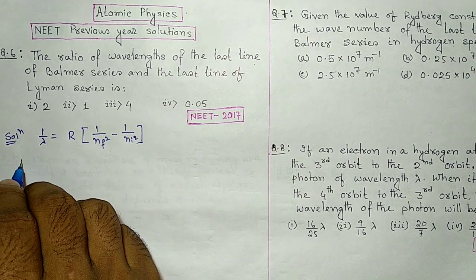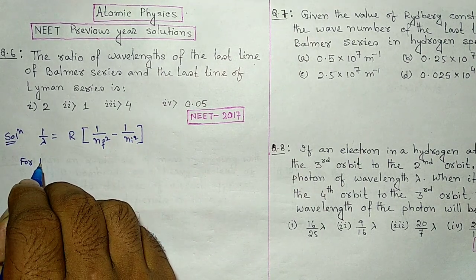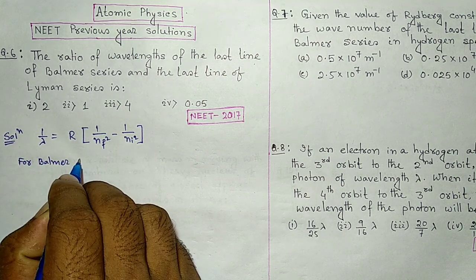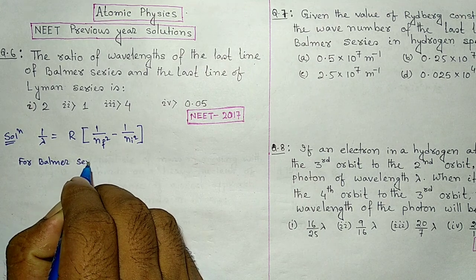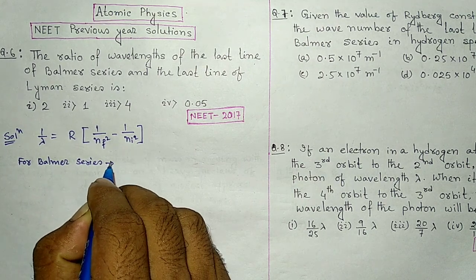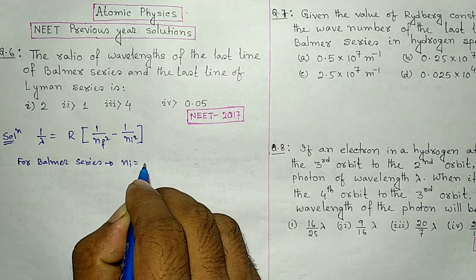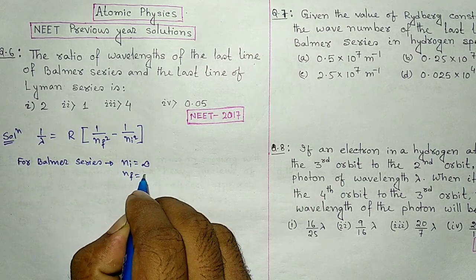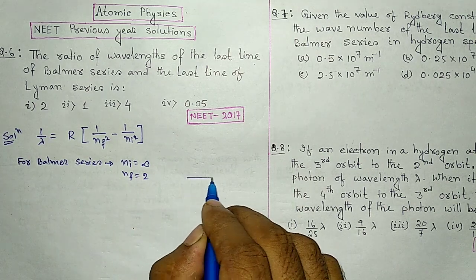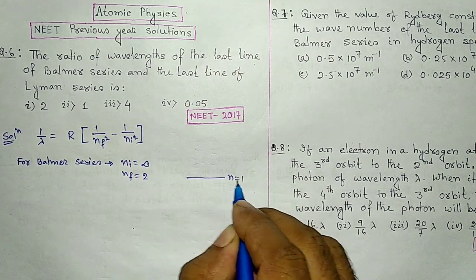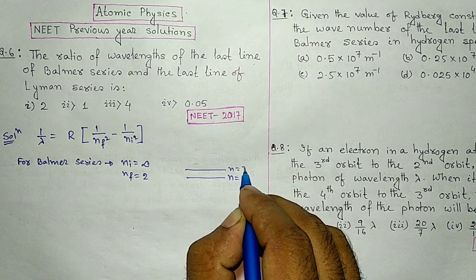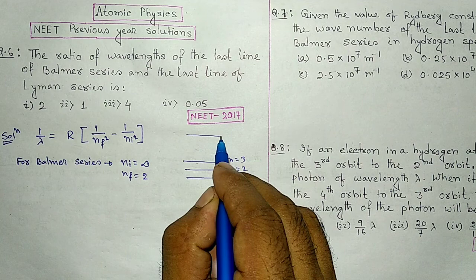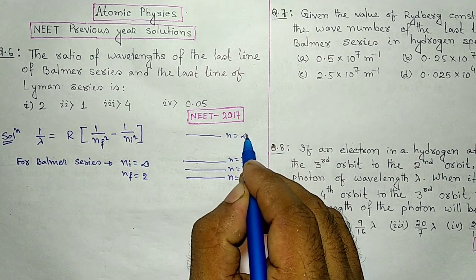For Balmer series, we know Ni is equals to infinity and Nf is equals to 2. Here is the spectrum. n is equals to 1, n is equals to 2, n is equals to 3, and so on, n is equals to infinity.